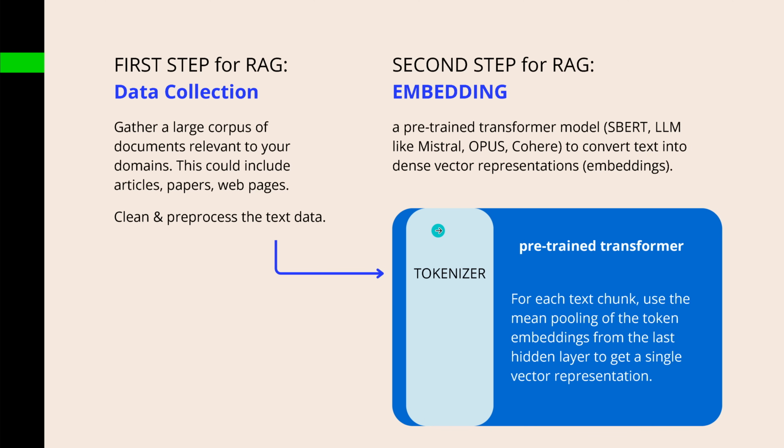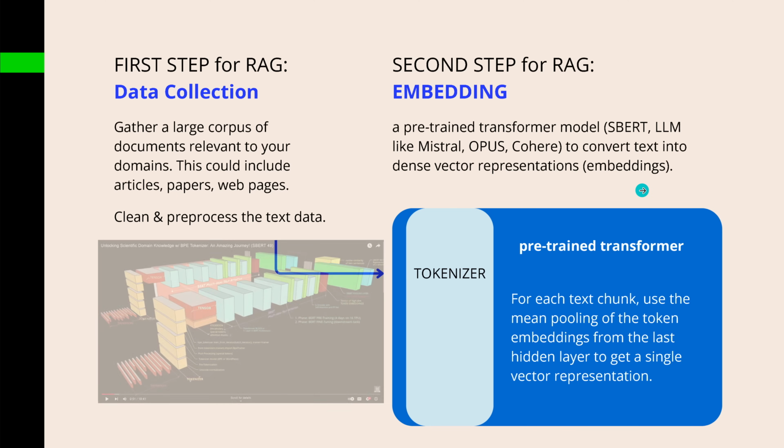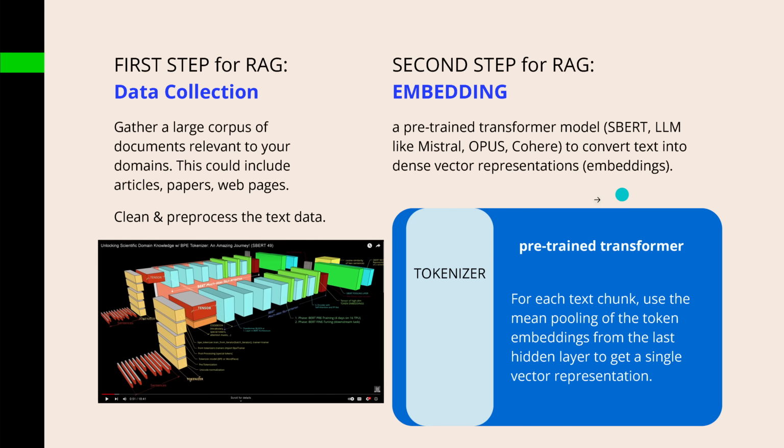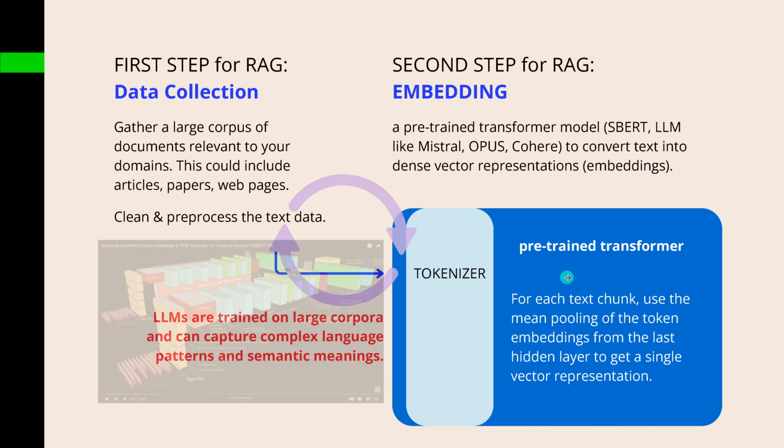And this tokenizer is really important because for each text chunk that comes in, it uses the mean pooling of the token embeddings from the last hidden layer to get you a single vector representation for this particular chunk of text. So you see, interesting. If you want to see this, there's a video called SBERT 49. And there it is explained in all the beautiful details.